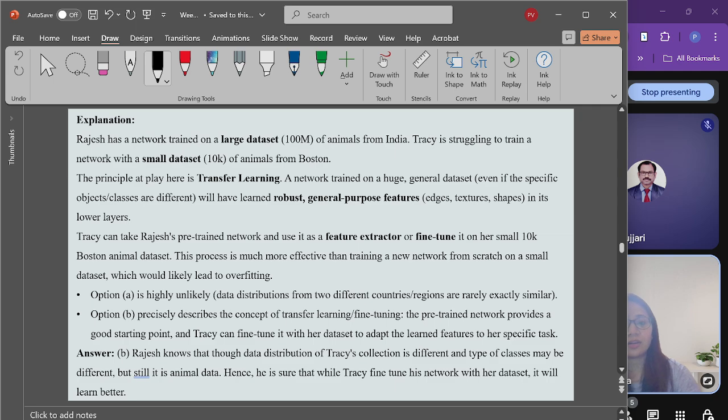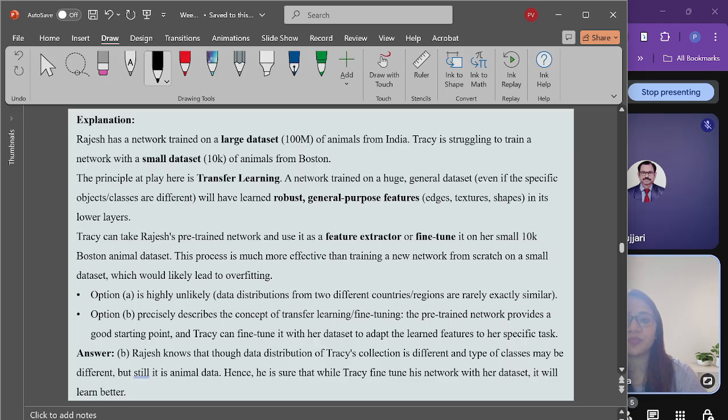So when you train again on that new dataset, basically you are using the transfer learning mechanism. So that will learn better. If you start from scratch, it will take more time and will not train properly. Here we will discuss in detail why A is not correct and B is more suitable.